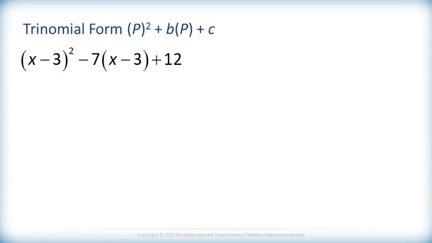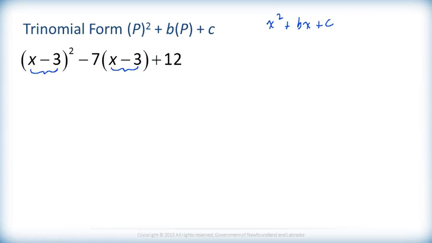We begin with the form that's similar to the one we did in our first recording, 1A, x squared plus bx plus c. So instead we're going to have p squared plus b times p plus c, where p represents an expression. So in this case, x minus 3 is the expression that we have to deal with.